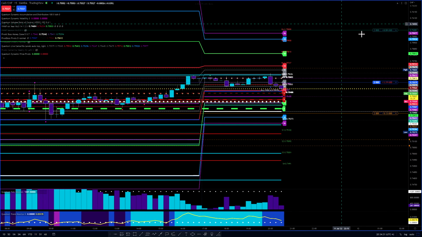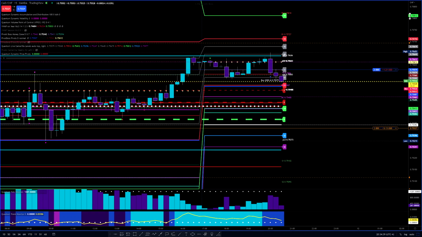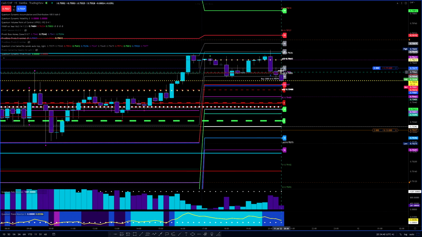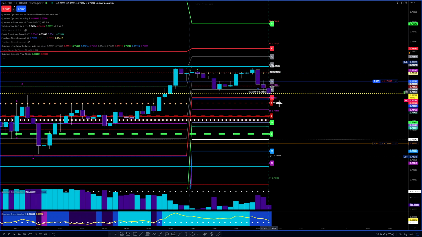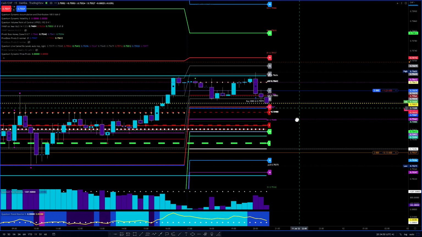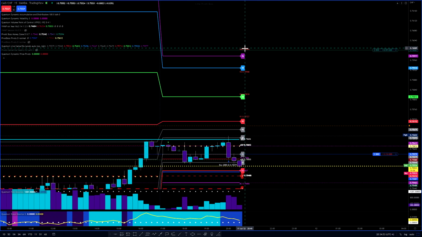And I have my take profit here at R4. That's the floor pivot R4, because well, actually we did touch the top central pivot, but usually if price just doesn't touch this level, the central pivots at all, it's a high probability it is going to run all the way up to R4.